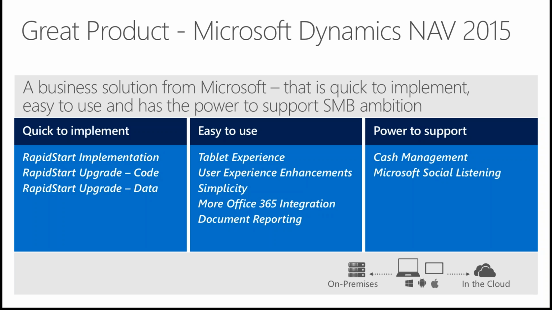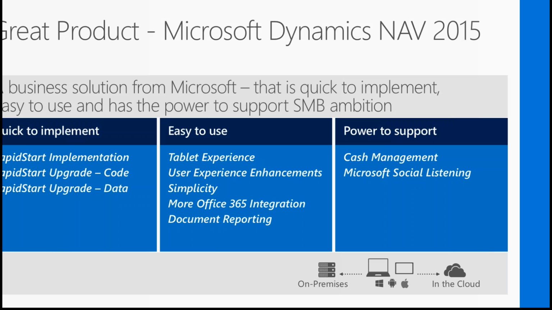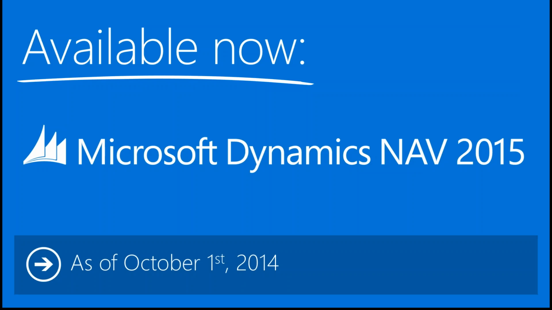And just as a note, we're 9 months into the release of NAV 2015. It was released on October the 1st of 2014. To date, NAV 2015 is on Cumulative Update number 8. Those of you that aren't familiar with Cumulative Updates, we implemented those back in 2013.